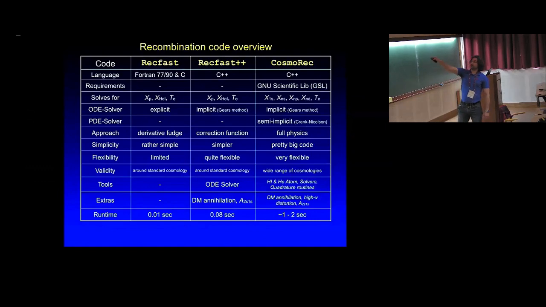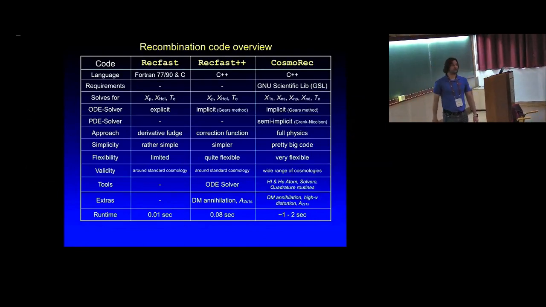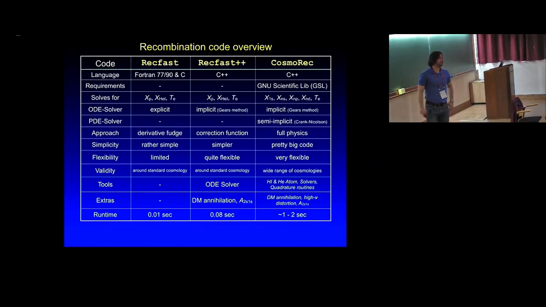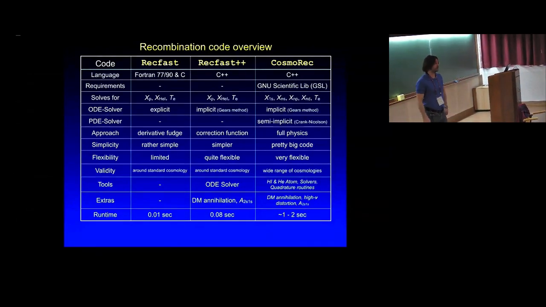So first of all, this is still old Fortran 77 and 90, and there's also a C version, which unfortunately doesn't work anymore, so this is not updated. And in CAMB, there is a copied version of RecFast inside CAMB itself.